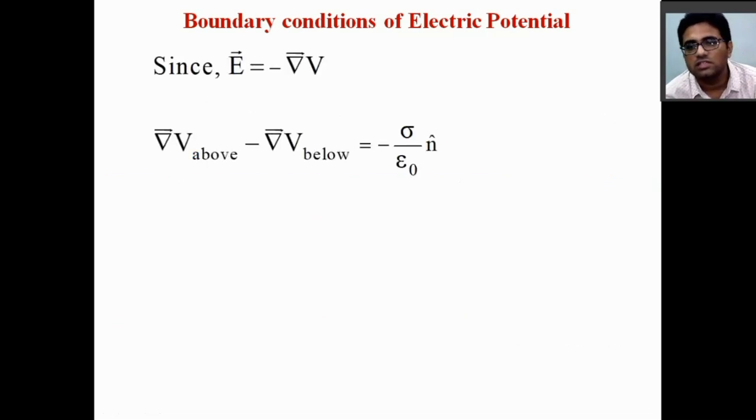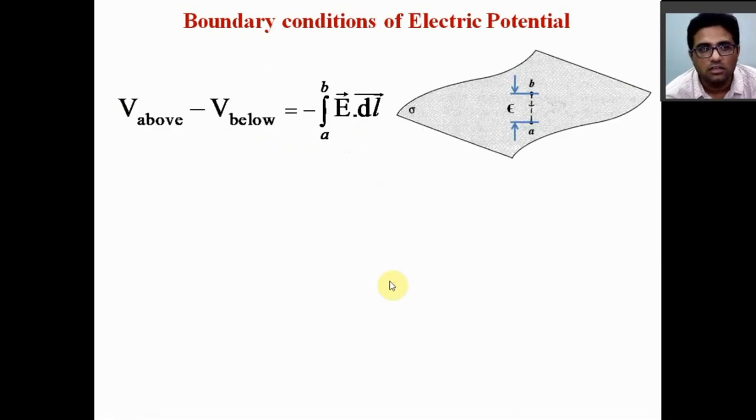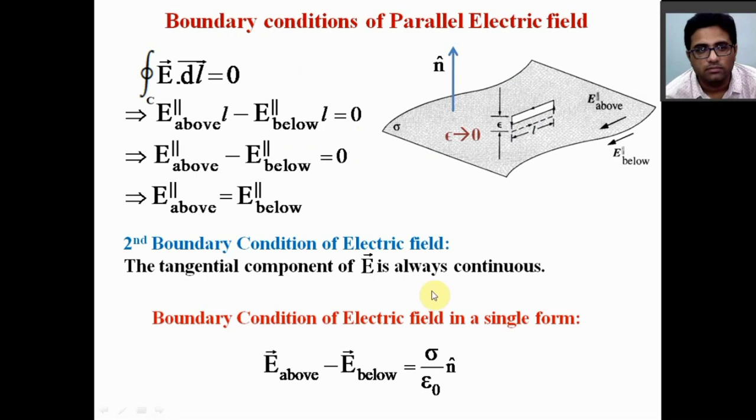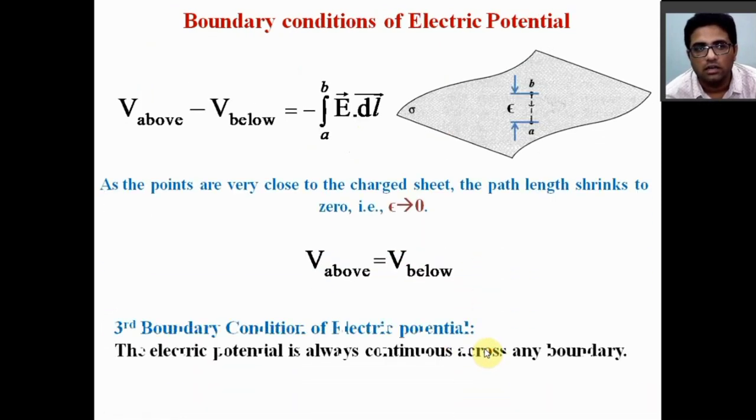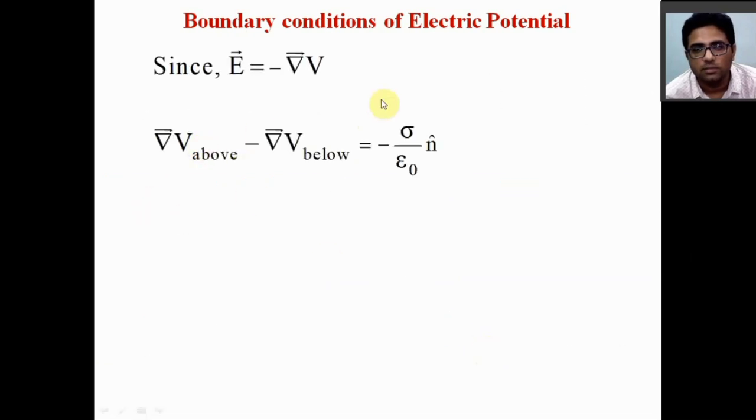Now let's discuss another condition. Since the electric field is the negative gradient of the potential, from the boundary condition of the electric field, that is this one, the boundary condition here we can write like this: the gradient of potential above the charge sheet minus the gradient of potential below the charge sheet is minus sigma divided by the free space permittivity times n cap.